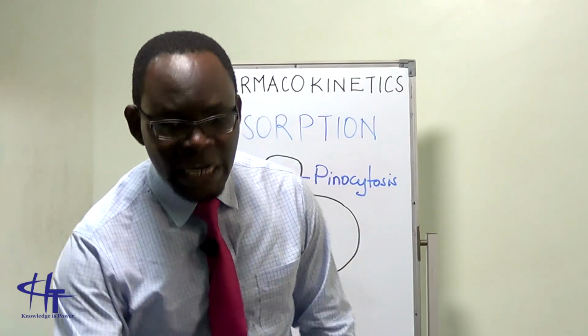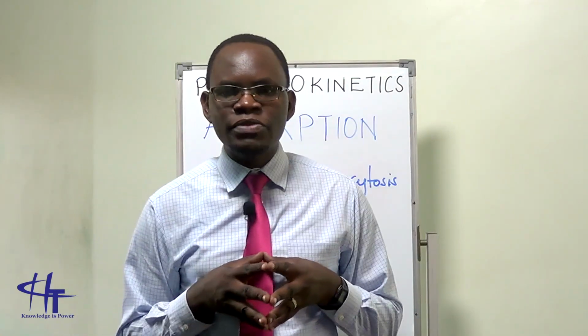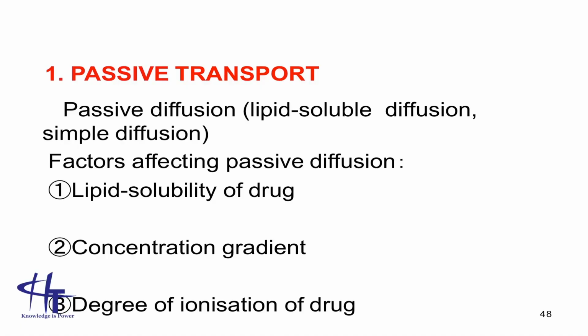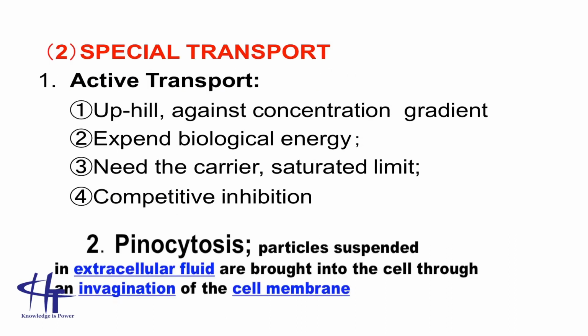So in a nutshell, we have talked about two forms of transport mechanisms. We've talked about the passive, and under that, we've talked about passive diffusion, facilitated diffusion, and then filtration. Then under the special transport mechanisms, we talked about active transport, which uses some form of energy, and movement of the drug is actually against the concentration gradient.